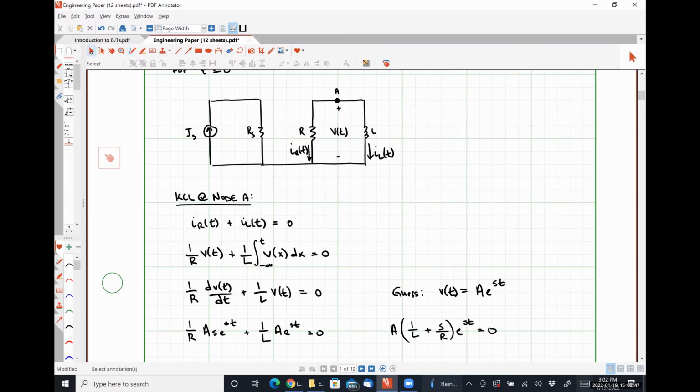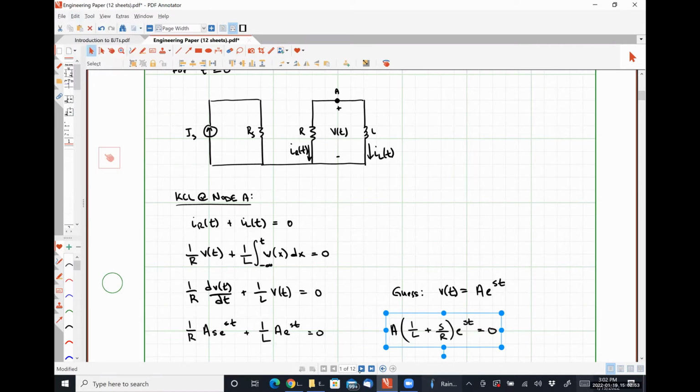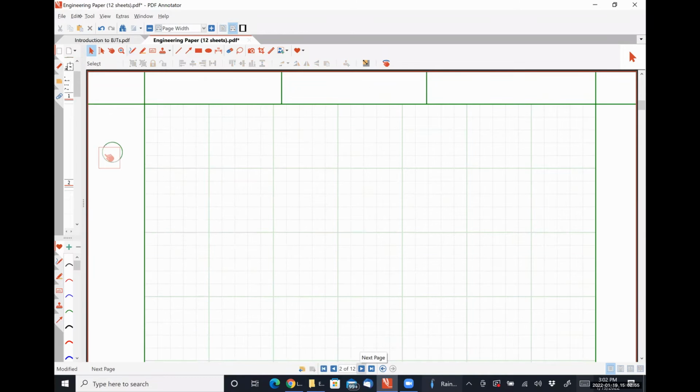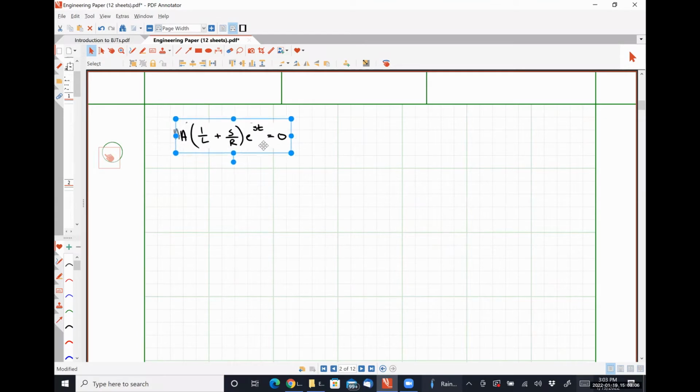So I'm going to copy that, and that's where we're going to start on the next page. All right.